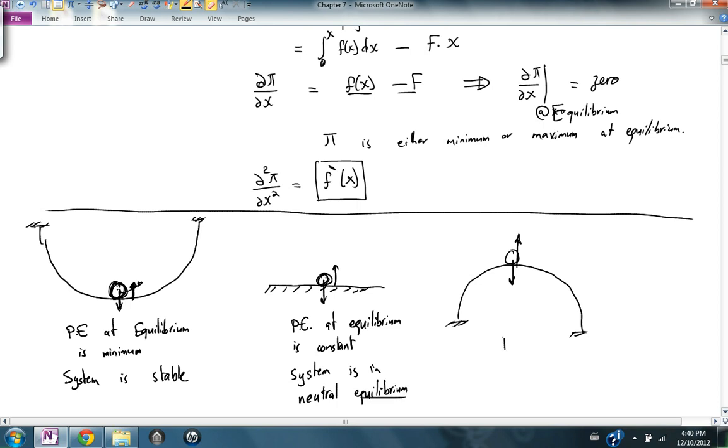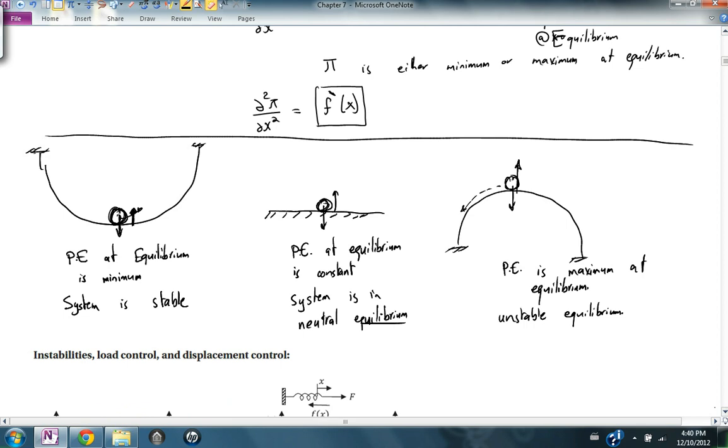And here, potential energy is maximum at equilibrium, and so this is called an unstable equilibrium. The moment the cylinder moves left or right, it's going to fall, and I'm going to lose the equilibrium. So this is unstable equilibrium. To maintain this equilibrium, I need to input energy from outside the system.